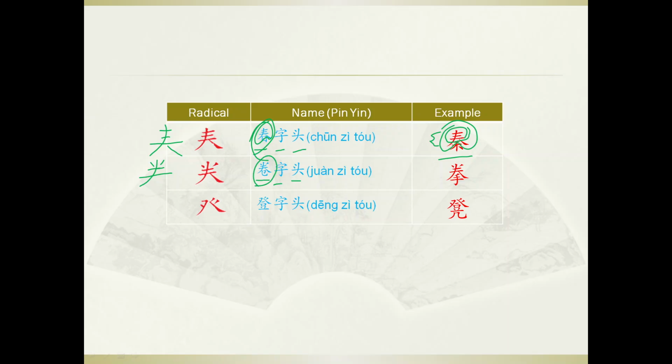Starting from right to the middle of the bottom horizontal, right diagonal. Again, the bottom horizontal and the above of this radical usually is about half the height of a word. One example is 拳, fist.